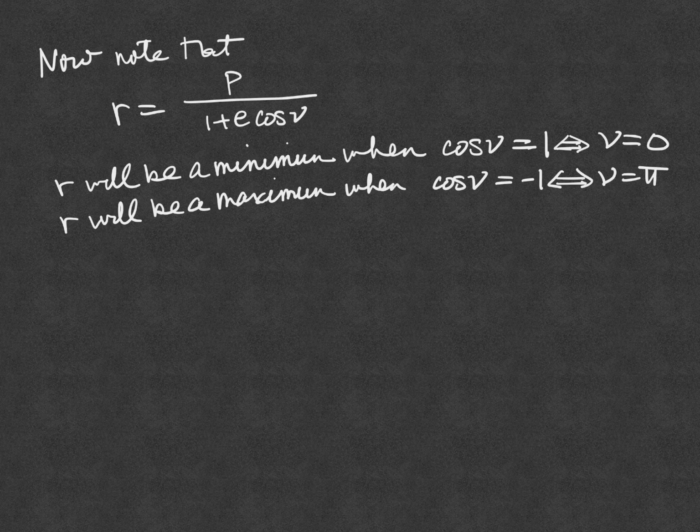So now, given that the angle is the angle between R and E, so here's E and here's R, this now tells us that when we measure from the eccentricity vector, when R and E are aligned, the spacecraft is going to be as close to the central body as possible. And when we're on the other side, when R is a maximum, that's when the angle is going to be pi. And that leads us to the definition.